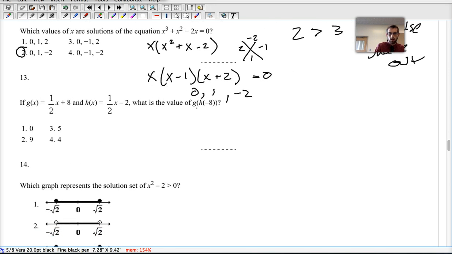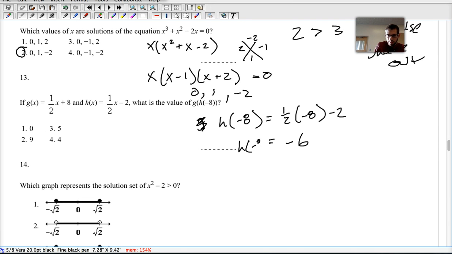Alright, so first I'm taking h and I'm plugging it into g. So at first I've got to do h of negative 8. And so that's going to be equal to 1/2 of negative 8 minus 2. Alright, so that's going to be equal to half of negative 8 is negative 4 minus 2 is negative 6.